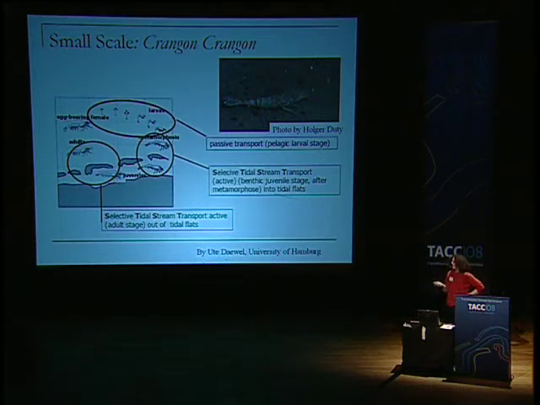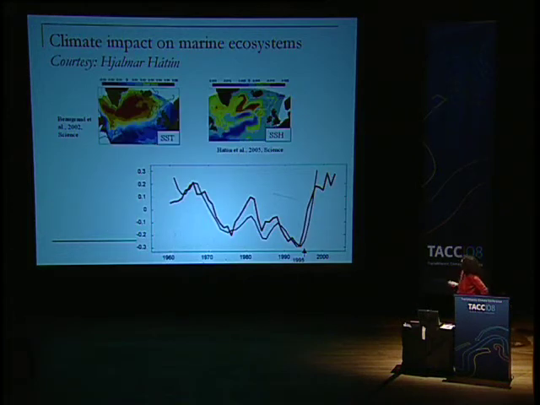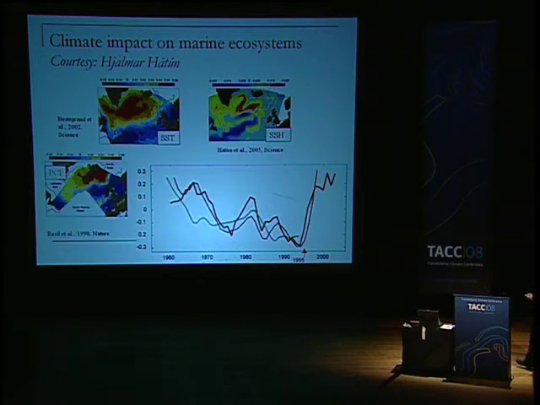So you see, on all kinds of scales, the physical environment is important, and that's a huge potential to bring this into education. Another example is something you have seen here already. Hjalmar has shown the climate impact on marine ecosystems, it's very nice work, and what he showed was his gyre index and SST connected in the Northern Atlantic region, and he could connect that with the phytoplankton color index, and you really see how these three indexes together correspond very well.